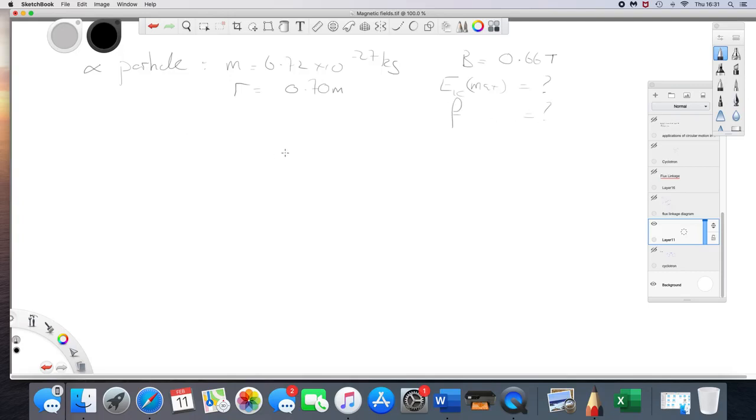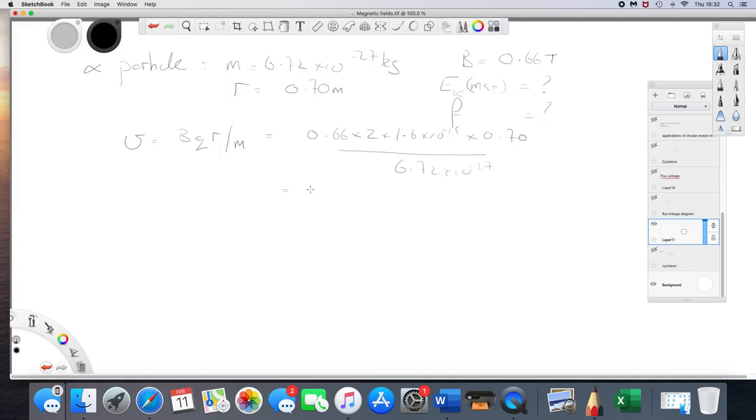So if we go back to our equation for the velocity of our particle, we had an expression which was V is BQR over M. If we stick in our numbers, 0.66, the charge on this, of course, is 2 times 1.6 times 10 to the minus 19, times the radius, 0.7, divided by the mass, 6.72 times 10 to the minus 27.